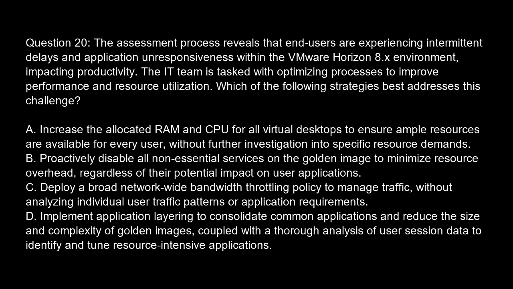Option C. Deploy a broad network-wide bandwidth throttling policy to manage traffic, without analyzing individual user traffic patterns or application requirements. Option D. Implement application layering to consolidate common applications and reduce the size and complexity of golden images, coupled with a thorough analysis of user session data to identify and tune resource-intensive applications.